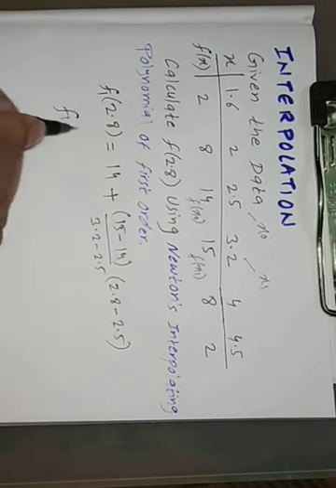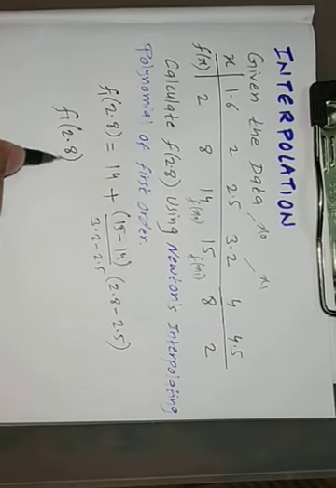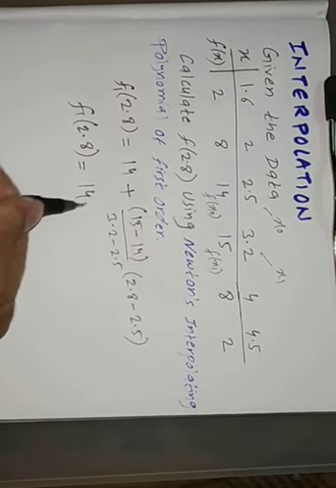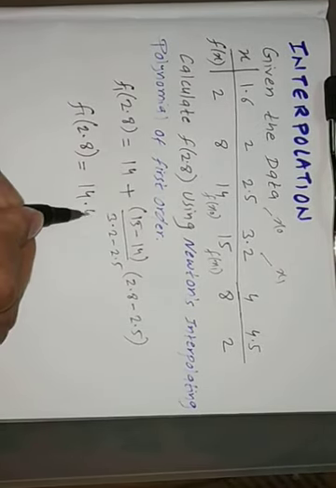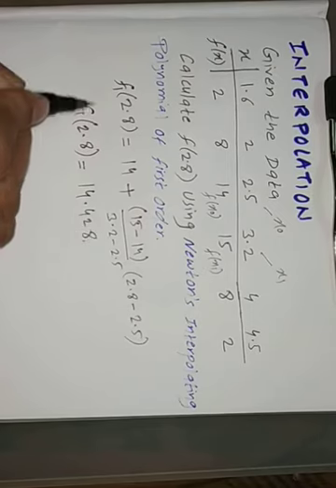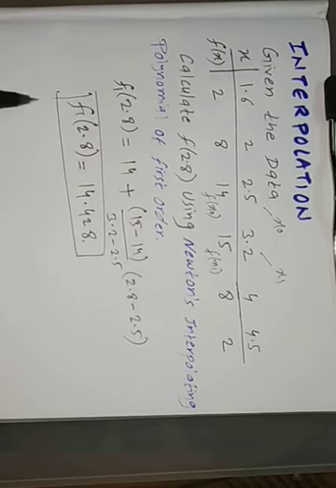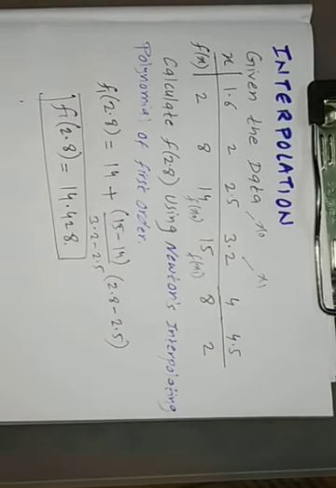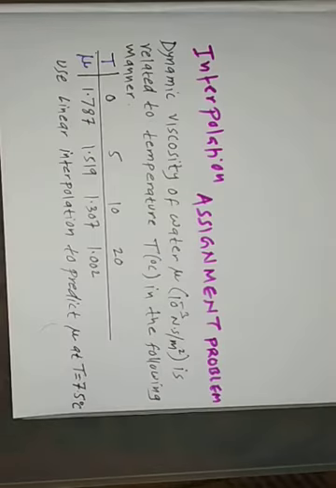So f1 of 2.8 is equal to 14.428. You can see it is in between 14 and 15.